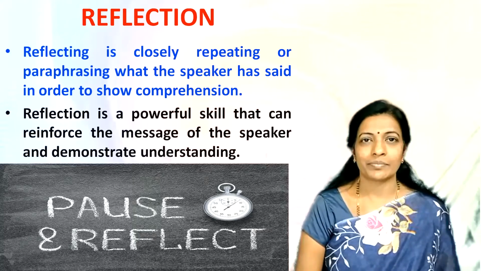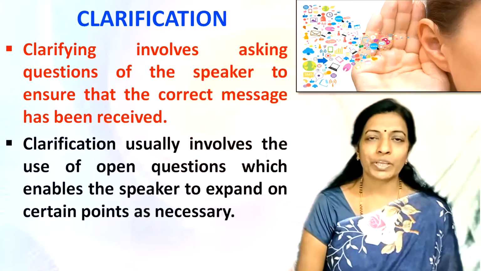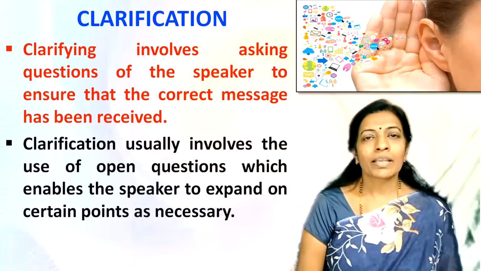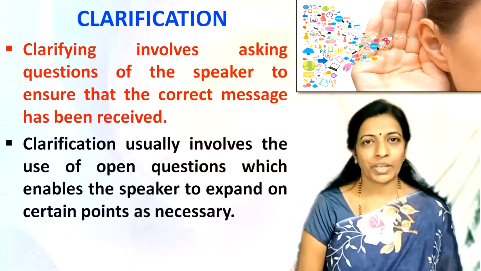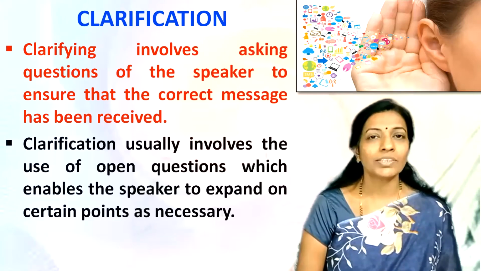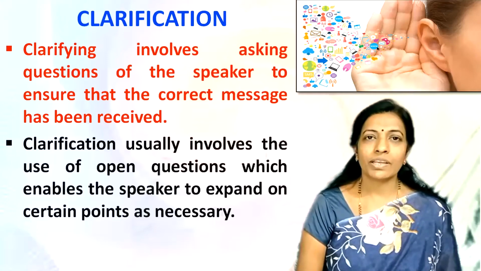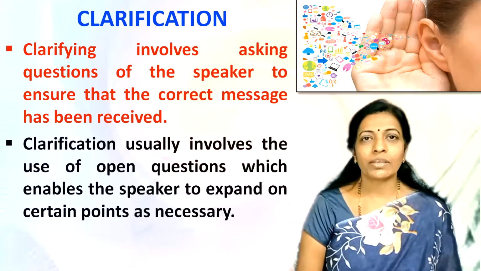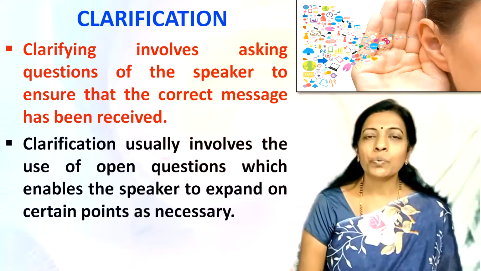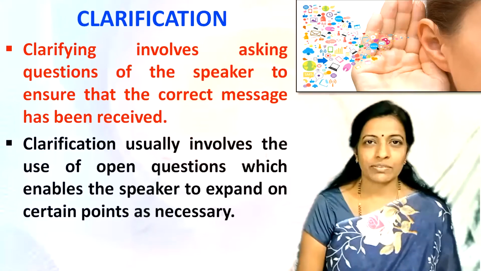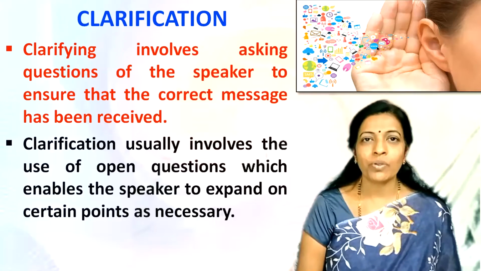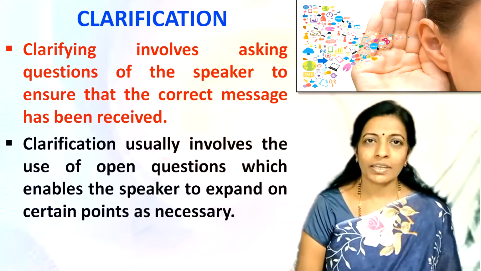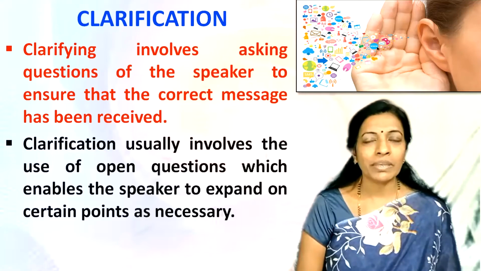Another way by which you can show that you are actively listening is by clarification. Clarification involves asking questions to the speaker in order to ensure that you have understood the message correctly. Generally, when you are trying to get your doubts clarified, you need to ask open questions where the speaker cannot just answer by yes or no, but has to explain in detail about whatever he has been saying.